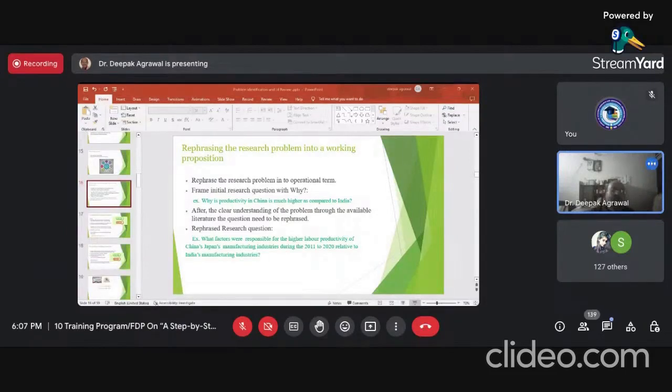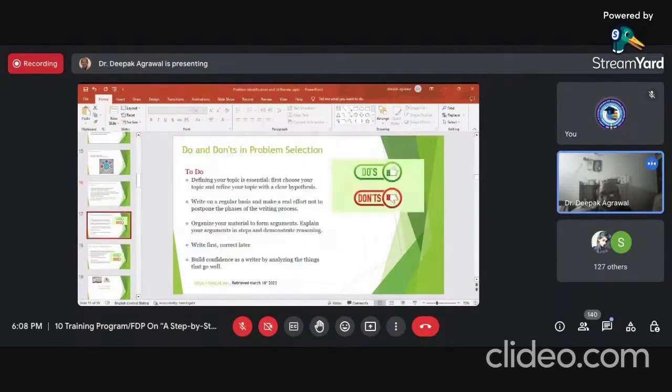But we are now searching for the specific factors which are responsible for high productivity by the Chinese companies, along with the period, as compared to Indian industries. So I hope it is clear that rephrasing of the research problem is the last part of research problem designing, and it should be very, very clear to understand.